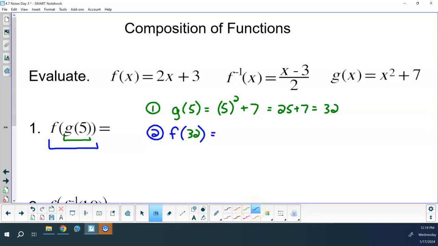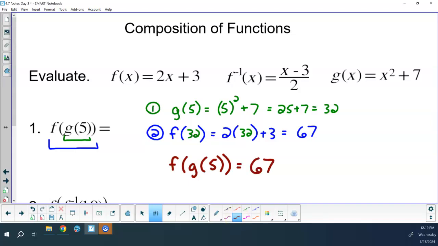Now I'm going to put 32 into my f function. Two times 32 is 64, plus 3 is 67. So f of g of 5 is 67.